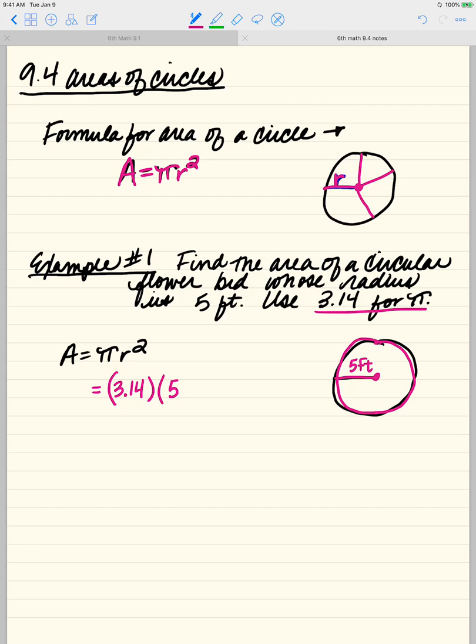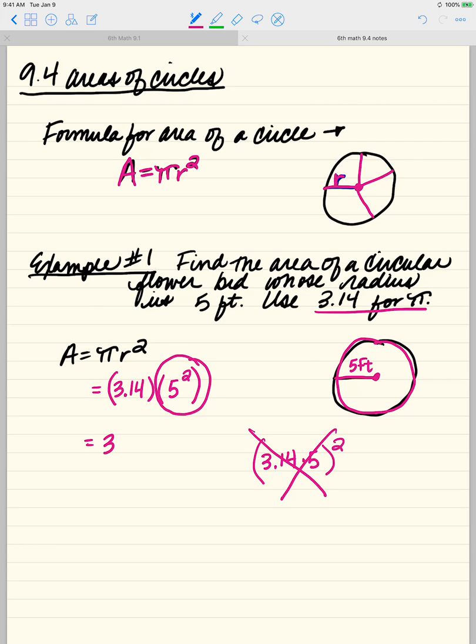The radius is 5 squared. Order of operations is very important here. 3.14 times 5, and all of that squared, is going to give you the wrong answer. Bad math. Make sure you are only squaring the radius.